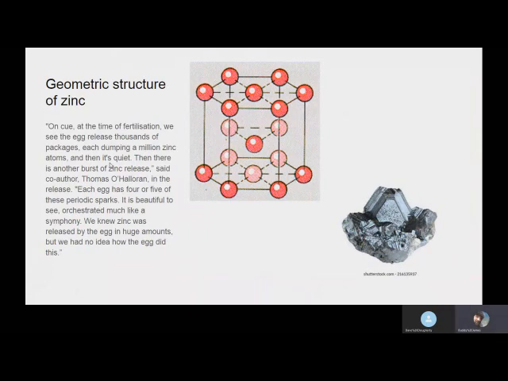It is beautiful to see, orchestrated much like a symphony. We knew zinc was released by the egg in huge amounts, but we had no idea how the egg did this. Here's zinc oxide in its atomic structure form, and here is a crystal of pure zinc.